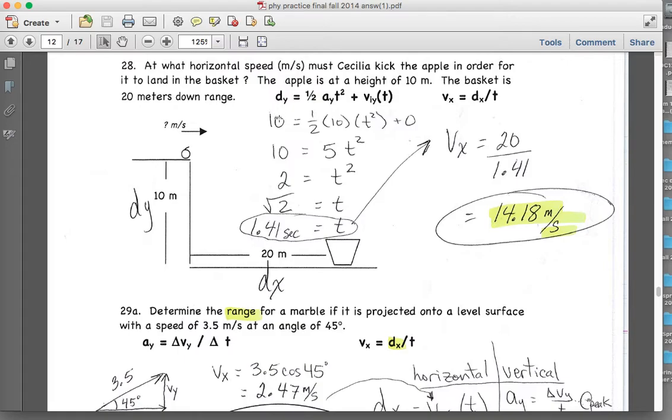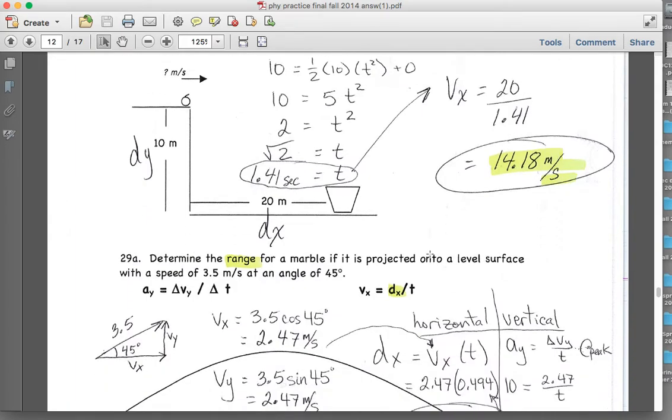So the first part is just how much time does it take to fall 10 meters? Use our distance formula. The second part, once you know the time, and we say gravity has no effect on the horizontal component of its motion, we could just use our very simple distance over time equation to figure out how fast it has to move horizontally.